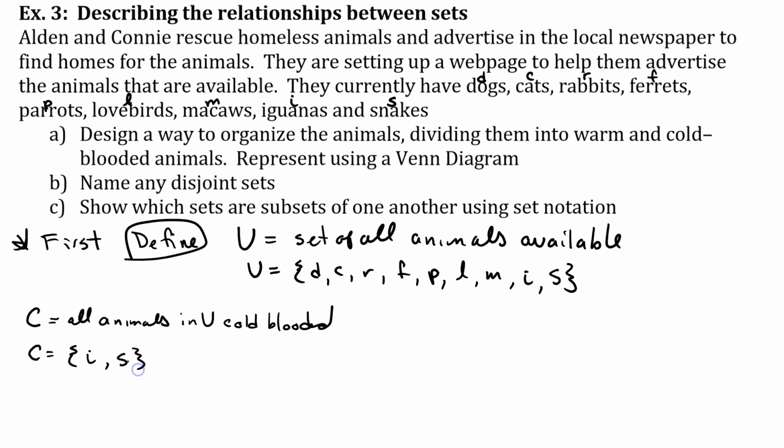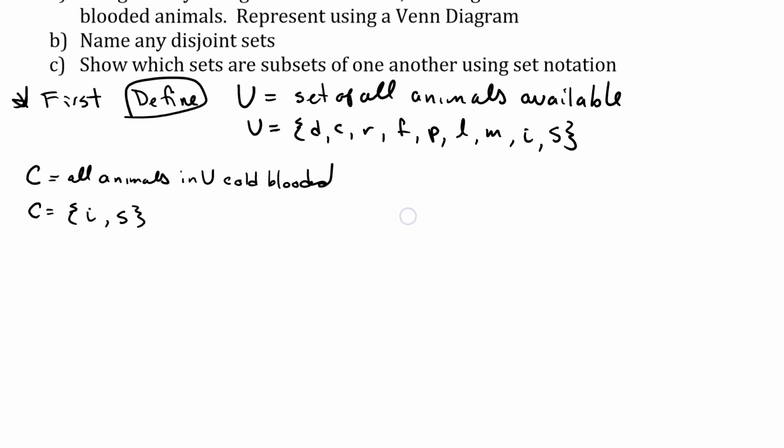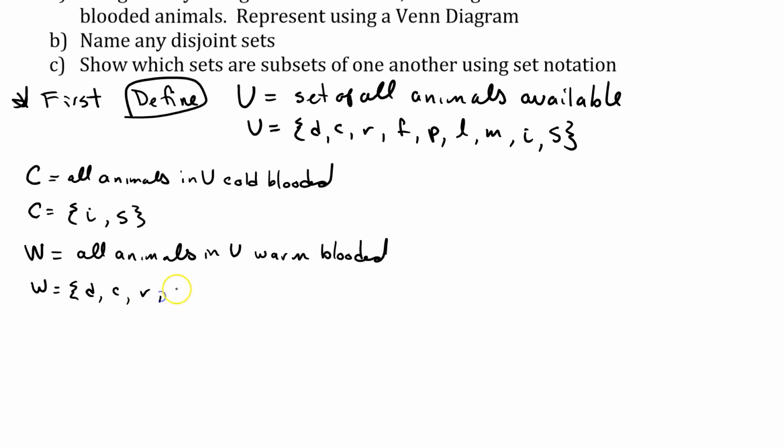And let's call W all animals in U that are warm-blooded. So W equals dogs and cats and rabbits and ferrets and parrots and lovebirds and macaws.